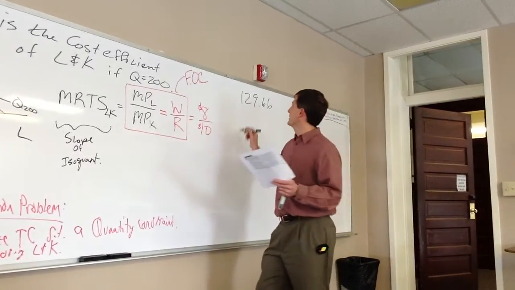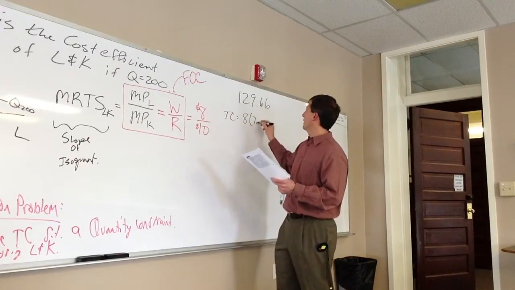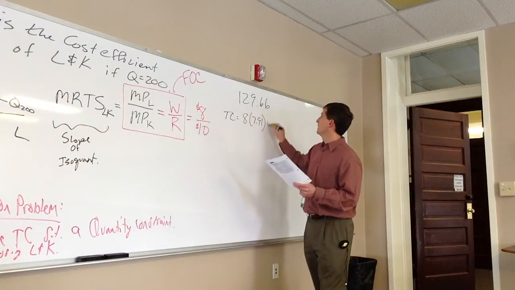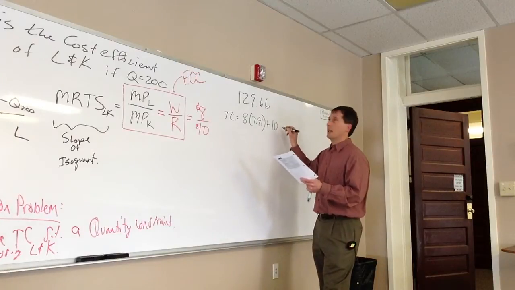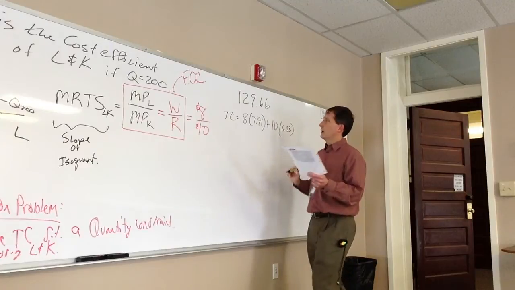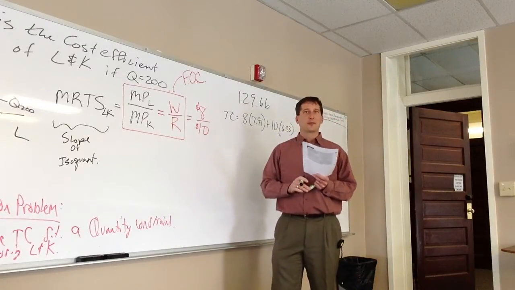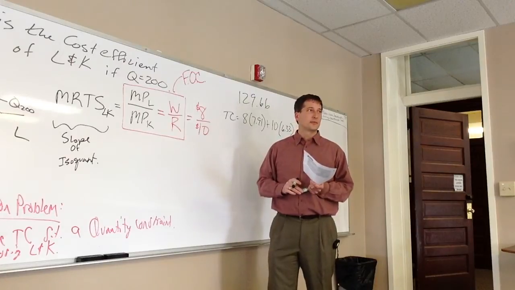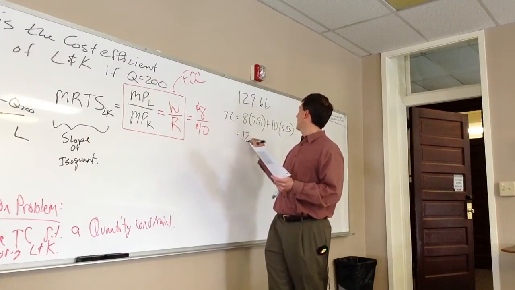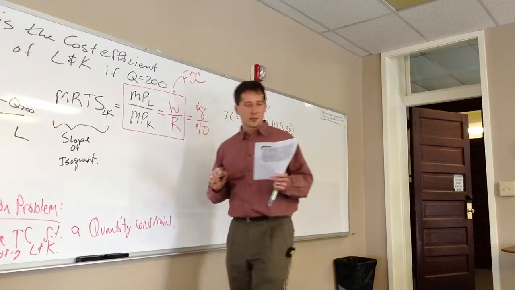We got 8 times 7.91 for the labor bill. The capital bill comes in at 10 times 6.33. Anybody get anything different? I had something a little bit different. 126.58. It's a little bit of rounding. Not sure where that all came from, but 126.58.